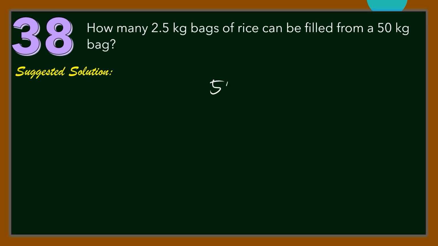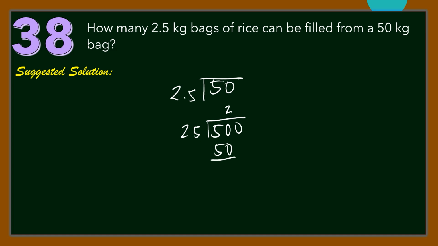We have one decimal place in the divisor, so that will be 500, moving the decimal one place to the right in the dividend, divided by 25. 50 divided by 25 is equal to 2, and 50 minus 50 is equal to 0. Then we bring down the other 0. The answer is 20 bags.